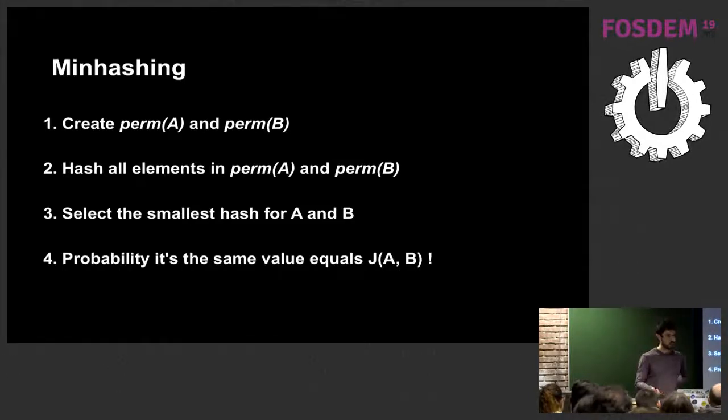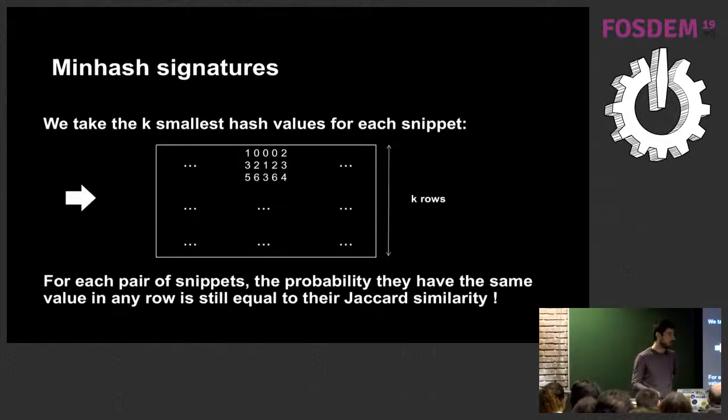What's interesting is that since it's a random permutation, if we pick the second or the third or the nth element, this is still true. So if we take k values, creating what we call a MinHash signature, and concatenate them into a MinHash signature matrix, then for each column and each row, the value will be the same with probability equal to the Jaccard similarity of the files associated to each column.